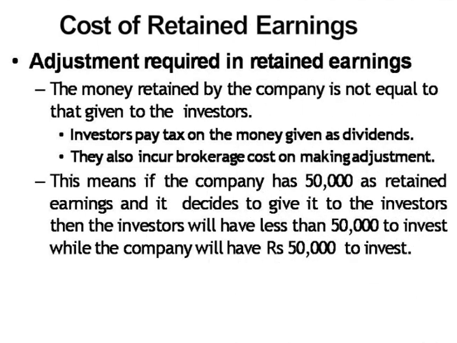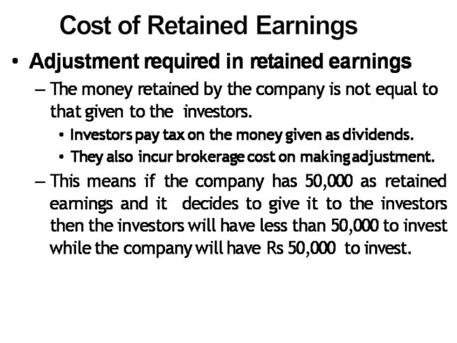Now, the adjustment required in retained earning. The money retained by the company is not equal to that given to the investor. Why? Because the investor pays tax on the money given as dividend. In case I earn some dividend from the company, I need to pay tax. In case the company doesn't distribute dividend, the company need not pay tax.